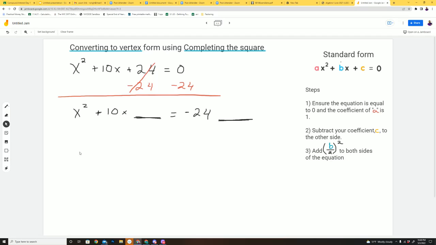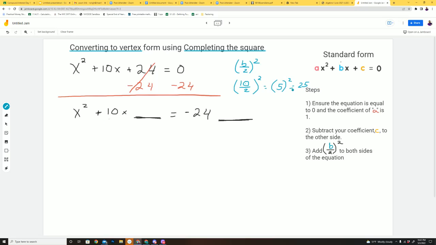We're going to go on to step number 3. Step number 3 says add b over 2 to the second power to both sides of the equation. So we're going to take that value of b. b is the term with x, and that term here is 10. So we're going to find out what b over 2 to the second power is. I know b is 10, so 10 over 2 to the second power. 10 divided by 2 is 5, and 5 to the second power is 25.